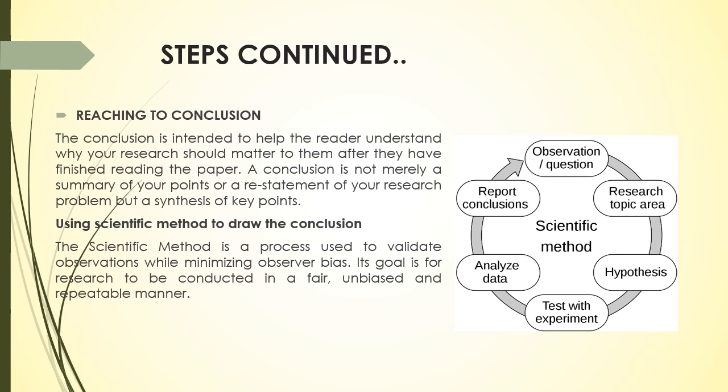Okay, next is reaching the conclusion. Reaching the conclusion is a very scientific method where we validate the data and observe that it is not biased. You identify and observe what the research is all about and how much the research has performed.